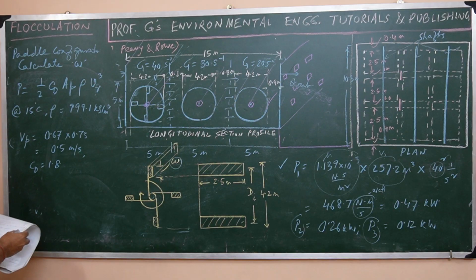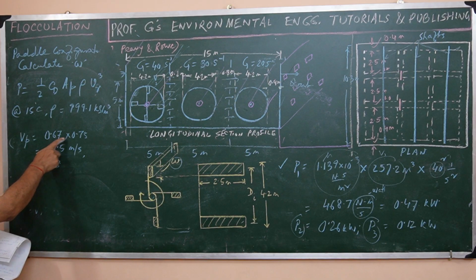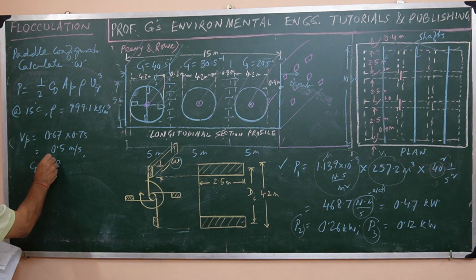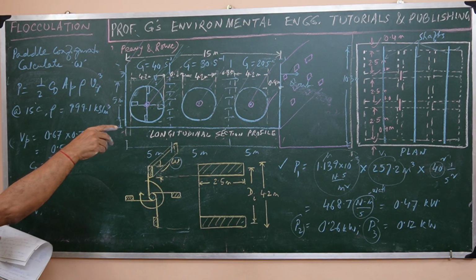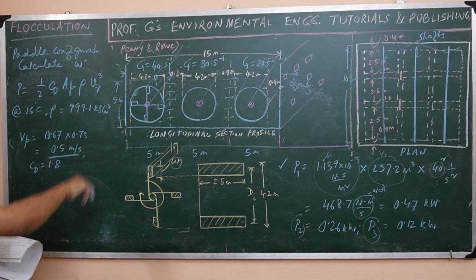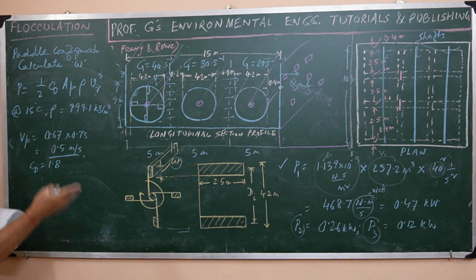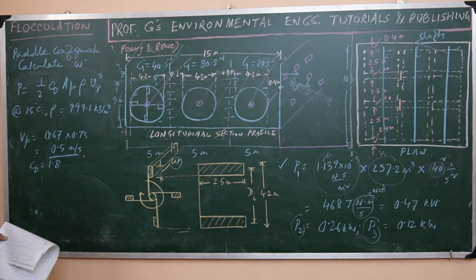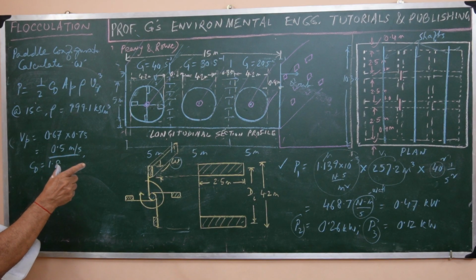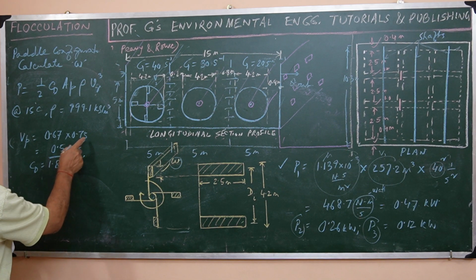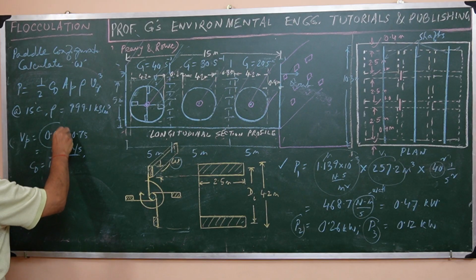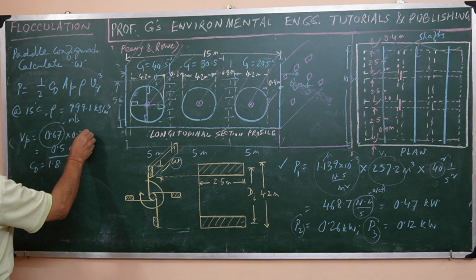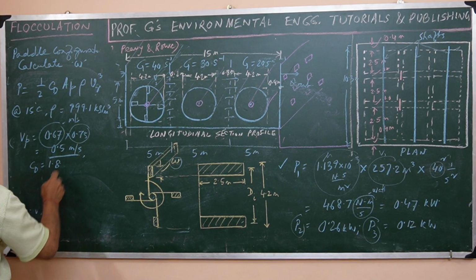Now here one thing you have to see, how we have taken this. If you go back to my earlier lecture notes, you will find that there is a range. So we have taken 0.67 meter per second, and 75% of that as VR.